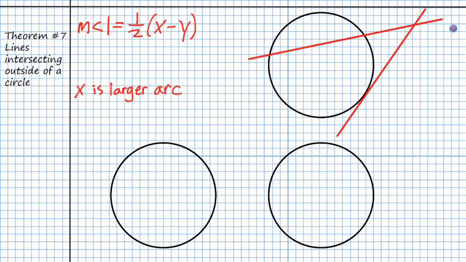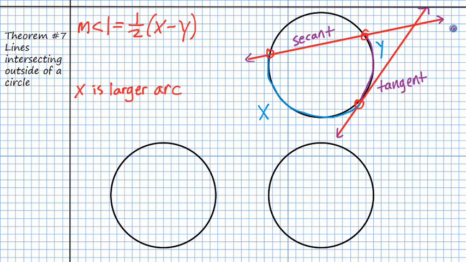So we actually have a couple of different ways that this can happen. So the first situation is where I've got a secant and I have a tangent. And so my larger arc will be X, and my smaller arc will be Y. So you have X and you have Y. So we see that the arc is created where each of the lines passes the circle, or where they have an intercept with the circle.